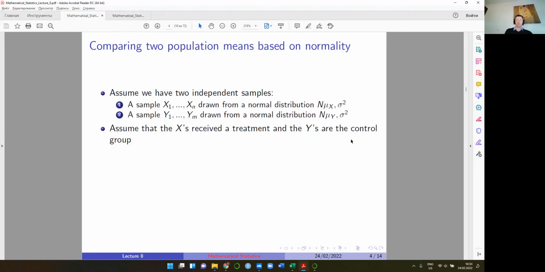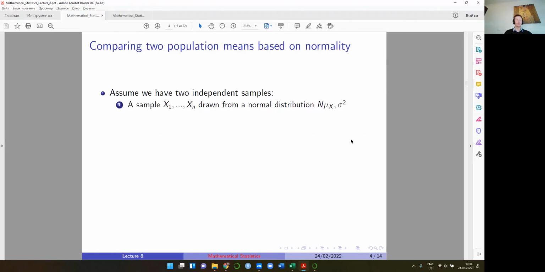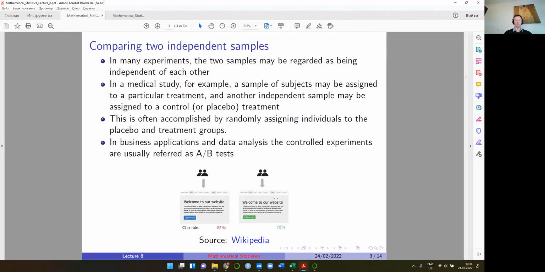Well, assume in practice that X received treatment and Y's are the control group. So like here, X are those people who received the green button on their screen, and Y's are those people who received the blue button on their screen.